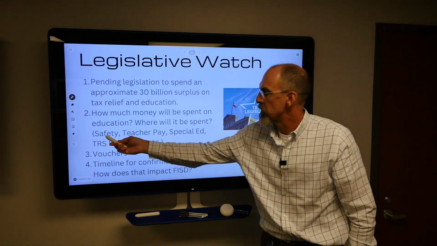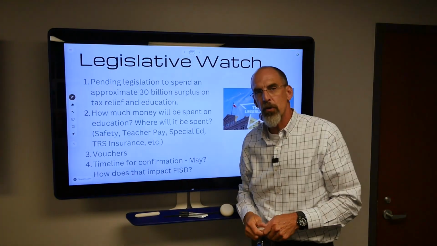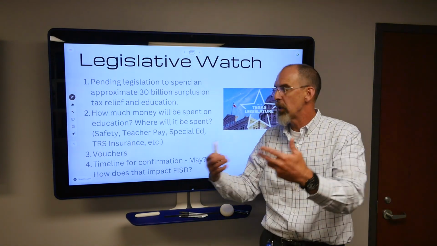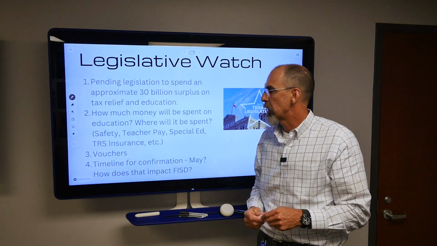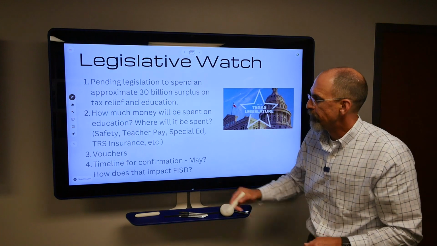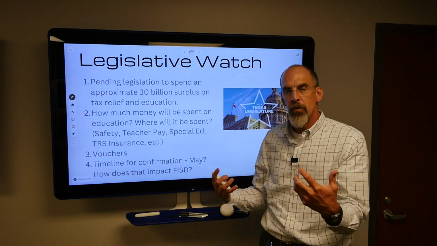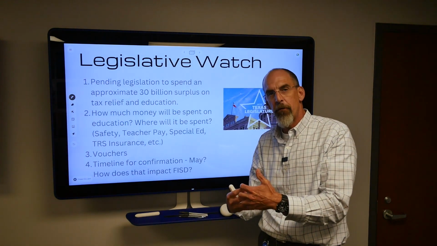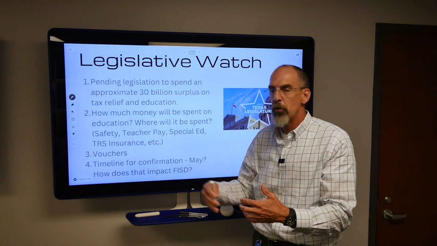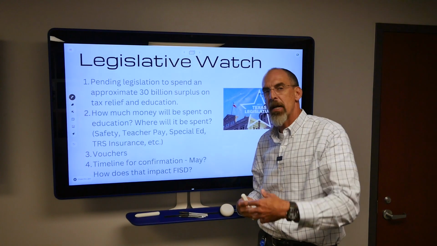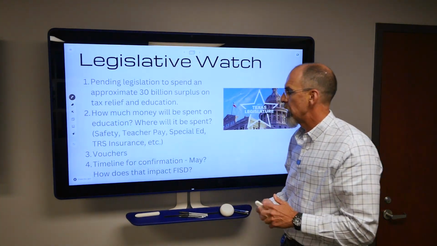We do know that there's a safety provision that's going to be given to schools to be able to increase the level of commitment to safety. Vouchers were really the piece that seemed to be connected to that additional funding. Those haven't moved through at this time, but I would just ask you to continue to watch as sessions unfold.